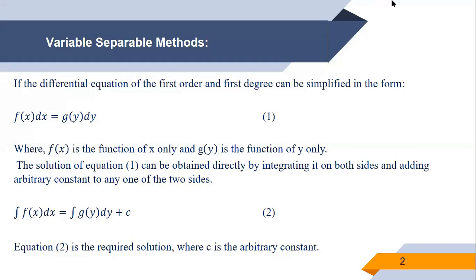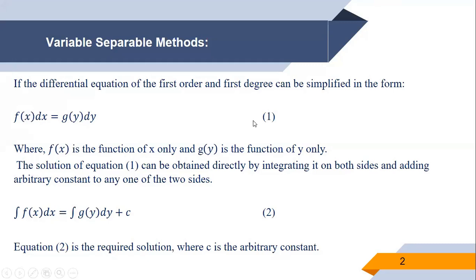If the differential equation of the first order and first degree can be simplified in the form f of x dx is equal to g of y dy, where f of x is a function of x only, g of y is a function of y only.